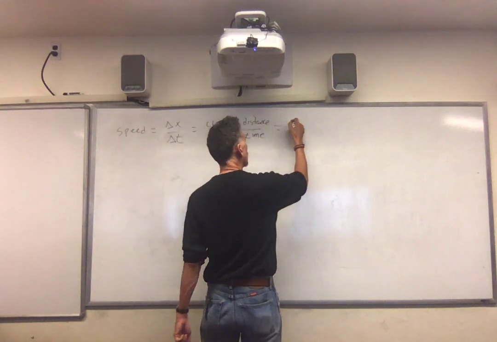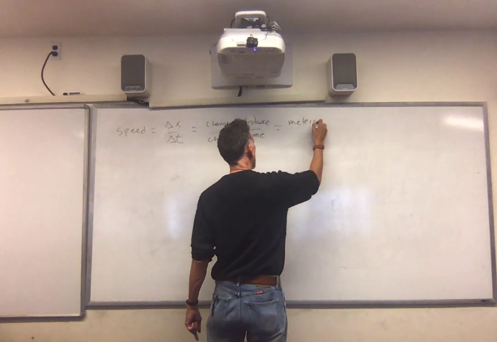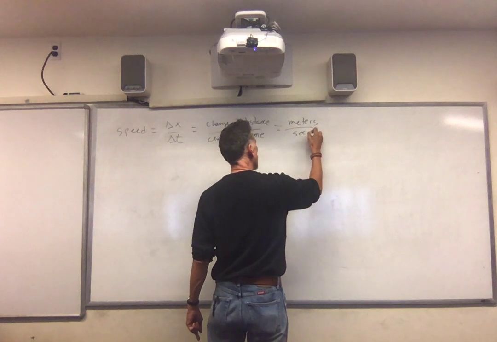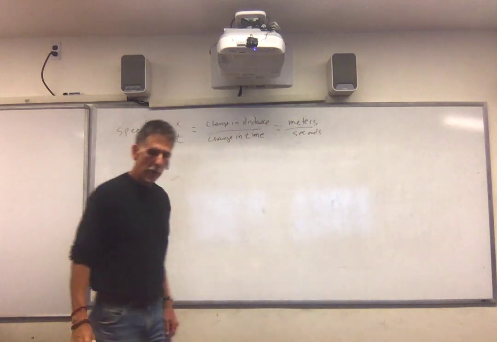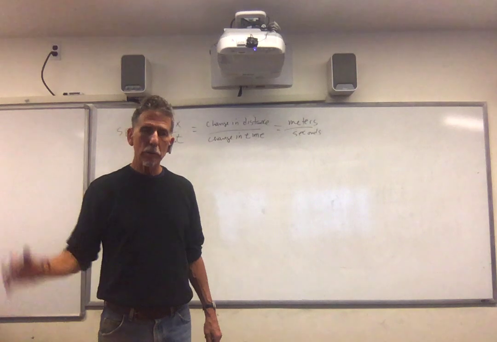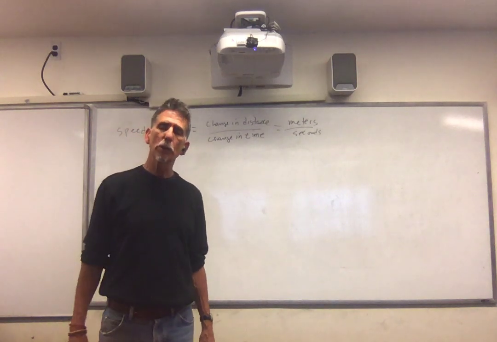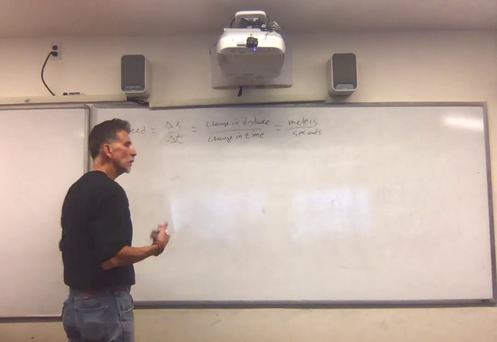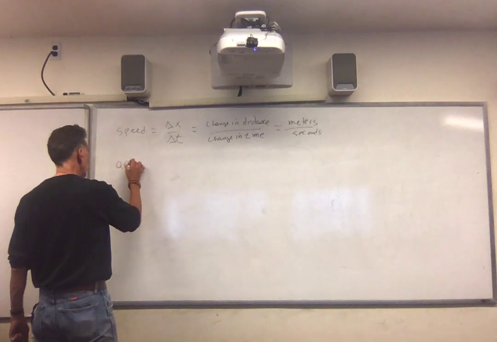And we said distance we're measuring in meters, time in seconds. Okay? And we said, well, the speed can also change. What do we call a change in speed with time? We call that acceleration.